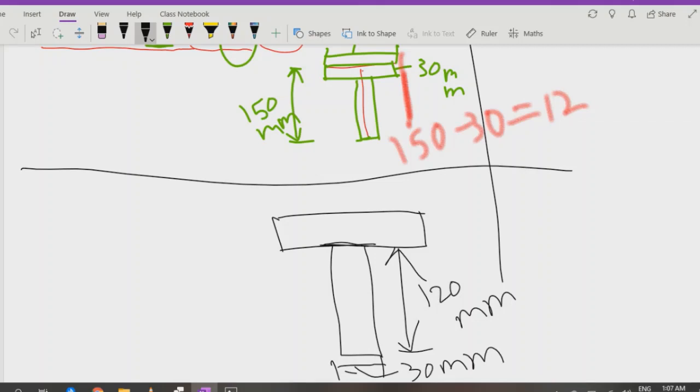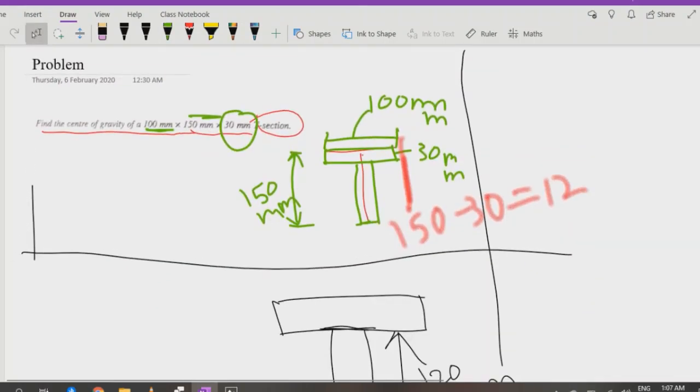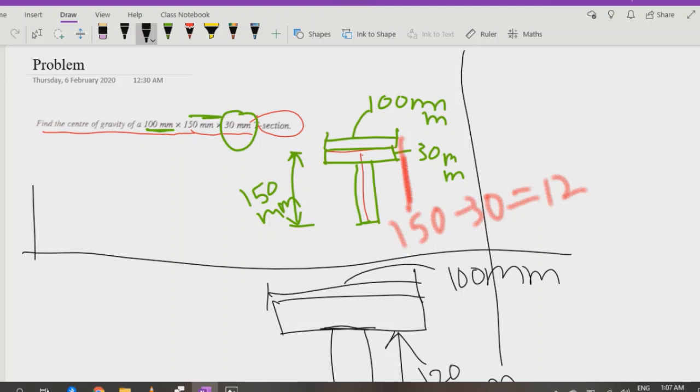So this section is 30 mm by 120 mm. The second thing, the above section, is 100 mm by 30 mm. It is already given. So this is my first section and this is my second section.